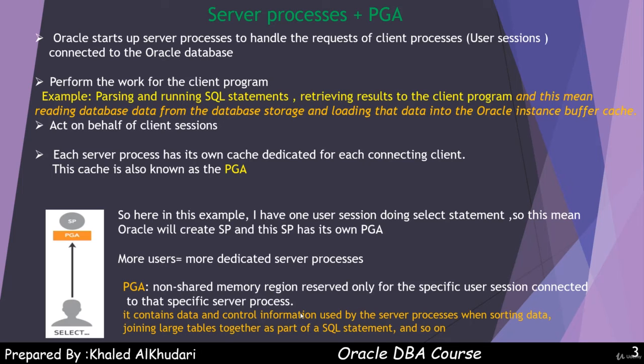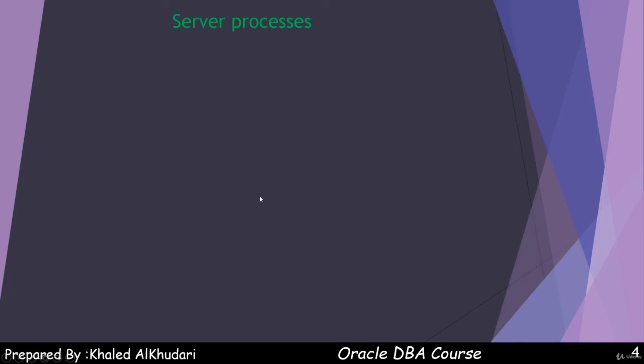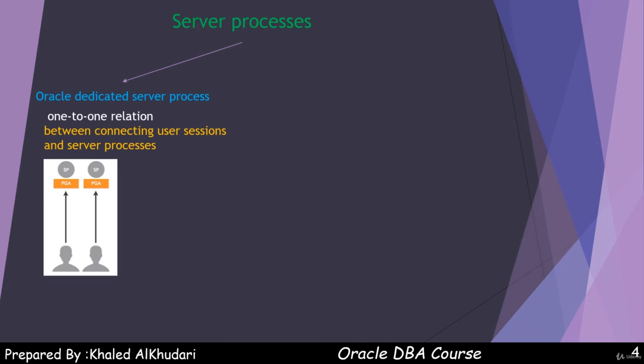So take it easy. I have a user connecting to the database. He's doing a select statement. Oracle will create an SP, and this SP has its own PGA. That's it.